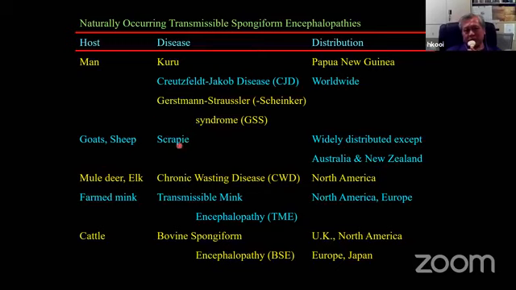When I was a student, this scrapie was called a slow virus, because prion was not discovered yet in the 1980s and 1990s, so we were still calling it slow virus. And then of course for deer you have chronic wasting disease, mostly in North America, and I think Europe has also reported this disease, and then the BSE.